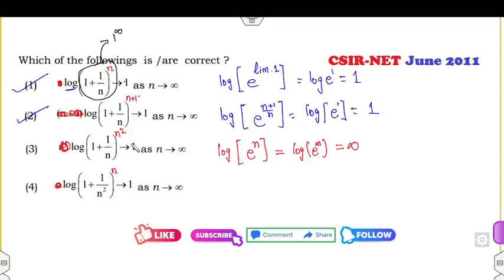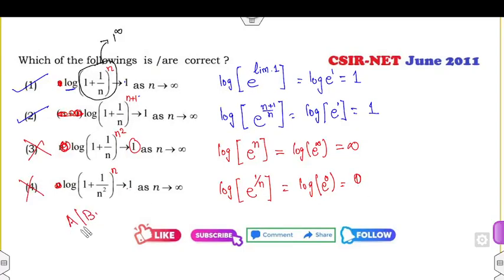That is infinity. But he said 1. Similarly, for the last case, you can calculate log e raised to power 1 over n. That will go to log e raised to power 0, e raised to power 0 is 1, log 1 will be 0, but he said 1. Again, the right answers are A and B.